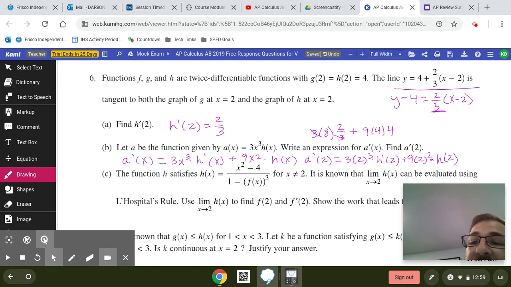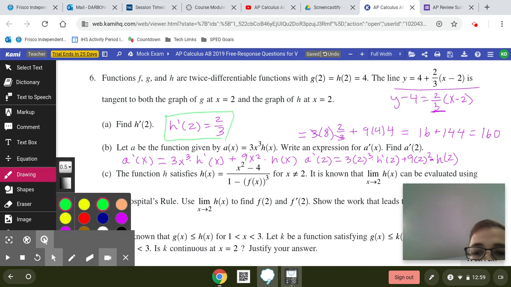So 3 and 3 cancel out, so that gives us 16 plus 4 times 36. 9 times 4 is 36. 4 times 36 is 144, which gives us 160.